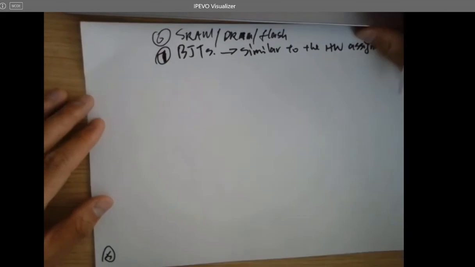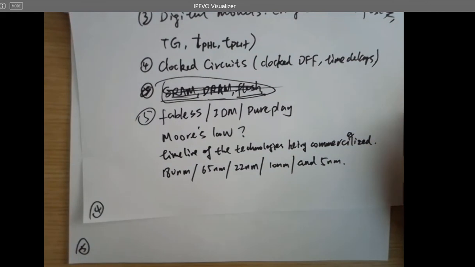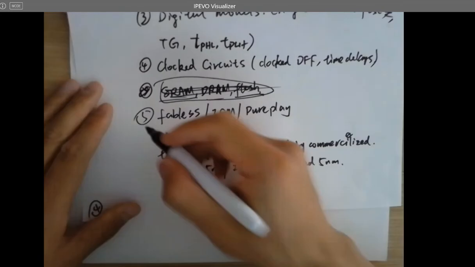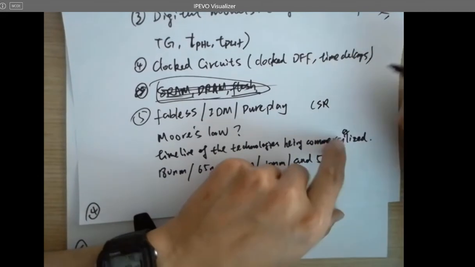What is 5? Just something like this. Yeah, and also in problem 5, you need to know what SRAMs are. They are acronyms, right?